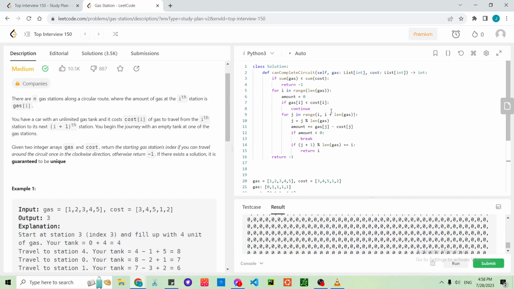Could we just skip some stuff if we had zeros?